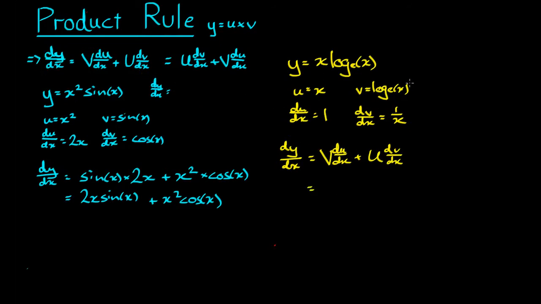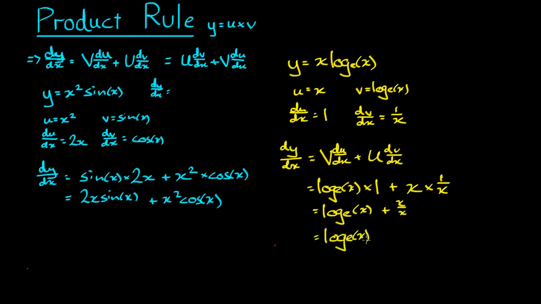Well, what's v? v is log_e x, so it's log_e x times du/dx, that's 1, plus u, which is x, times dv/dx, which is 1 on x. So we come out with log_e x plus x on x, that's log_e x plus 1.